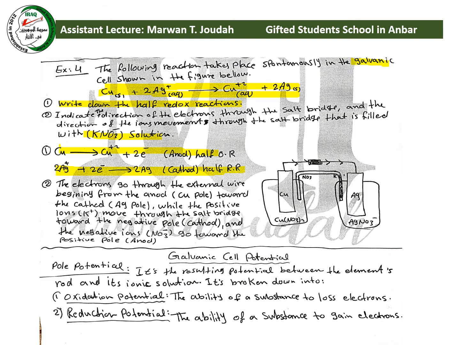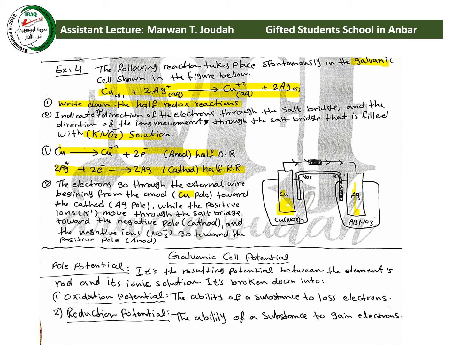The second thing is that we want to indicate the direction of the electrons and the ions through the salt bridge. We have KNO3 solution. The electrons go through the external wire, which is that wire, beginning from the anode, which is the Cu pole right here, toward the cathode, which is the Ag pole right there.